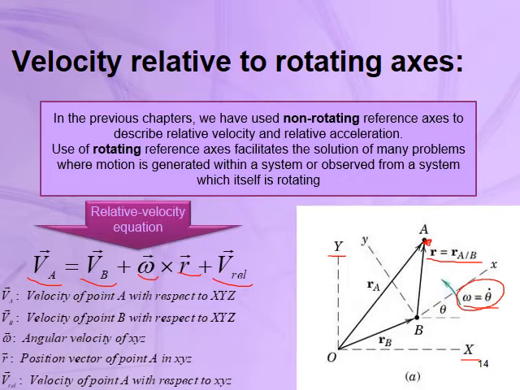Omega is the angular velocity of the relative system. R is the position vector of point A in the relative system, and finally V relative is the velocity of point A in the relative system. So from this equation we can find the absolute velocity of point A by using some data from this relative coordinate system.